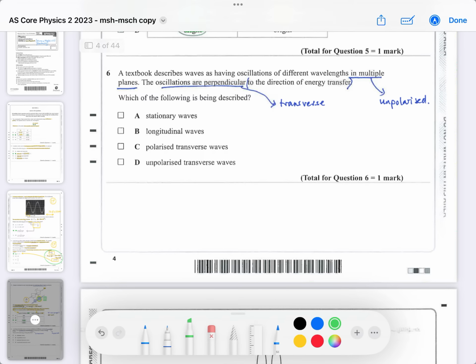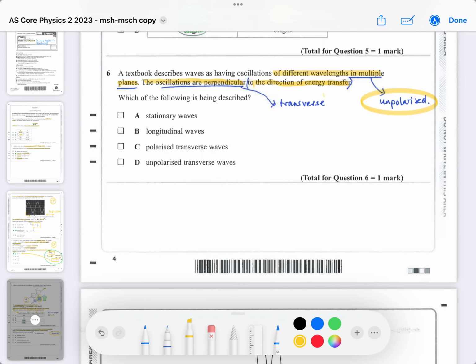And then the next one, question 6, says a textbook describes waves as having oscillations of different wavelengths in multiple planes. Well, if they're in multiple planes, it's suggesting that they're unpolarized, whereas polarized will only be in one plane. And then it says the oscillations are perpendicular to the direction of energy transfer.